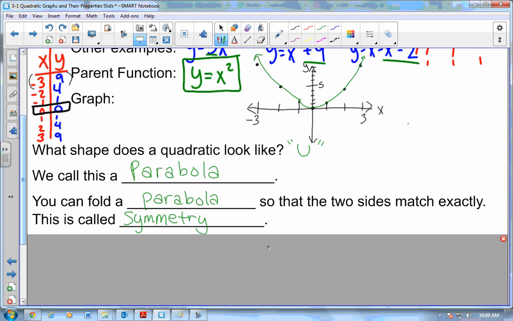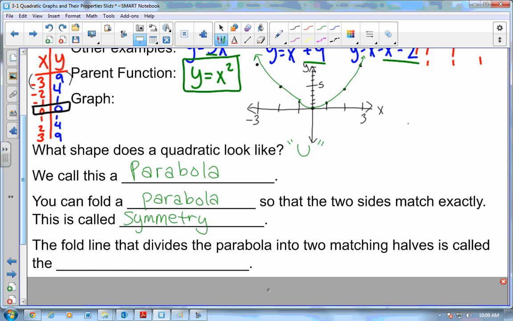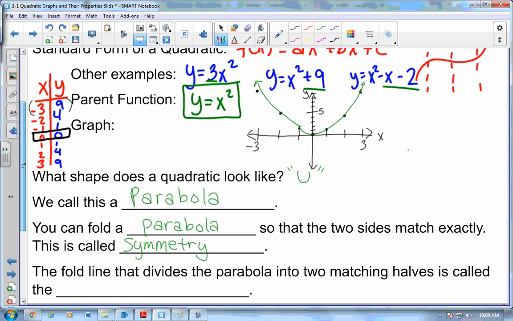The fold line that divides the parabola into two matching halves is called, do you know what that's called? Right here. You can fold. Oh, it's really close. It's something like the symmetry line. Actually, we call it axis.